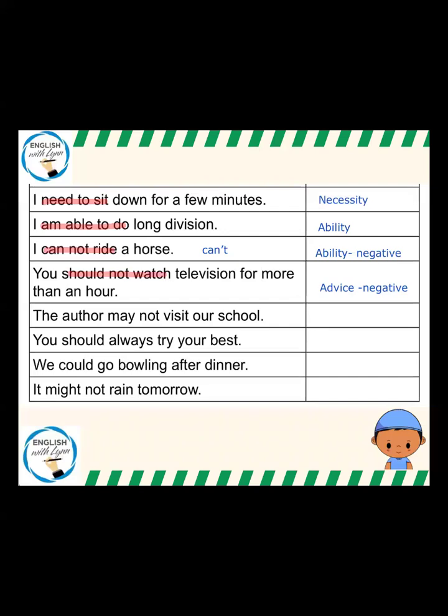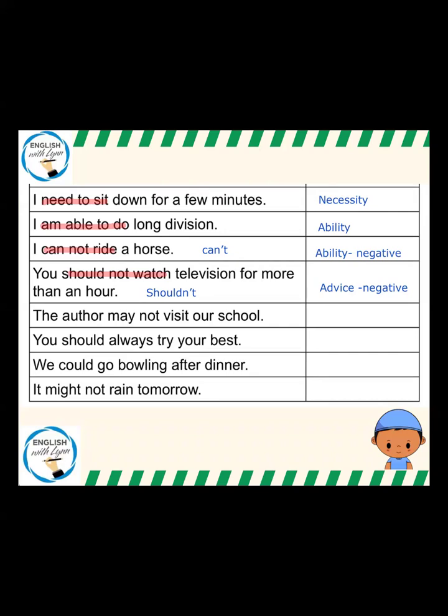And you could have "shouldn't", so you could have the contraction in there. Then this bit here, "the author may not visit our school."